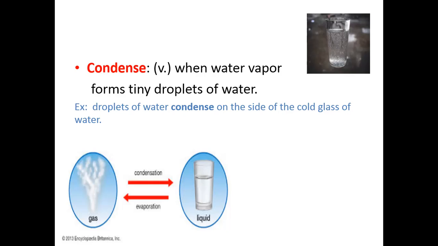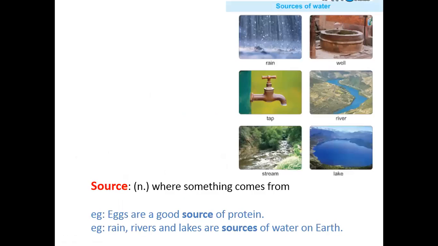This is condensation, when the water vapor joins together to form drops of water. And condensation is responsible for forming the clouds in the sky. An example sentence with the word condense is: droplets of water condense on the side of the cold glass of water.